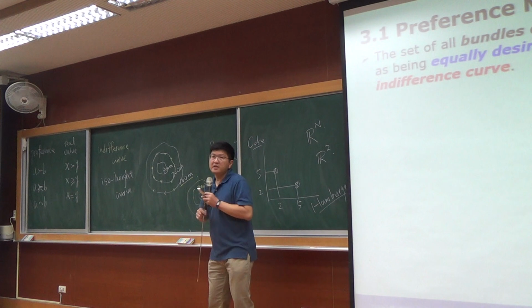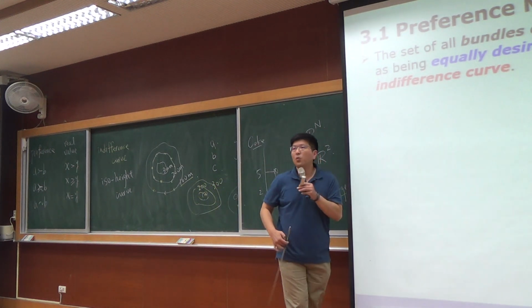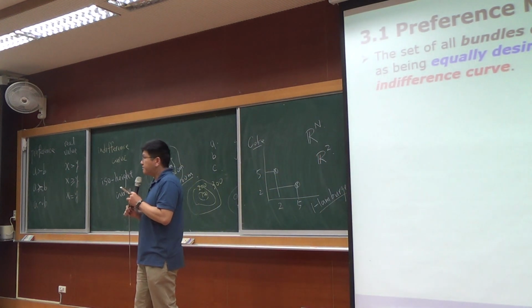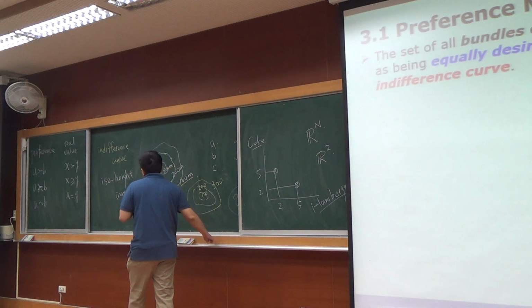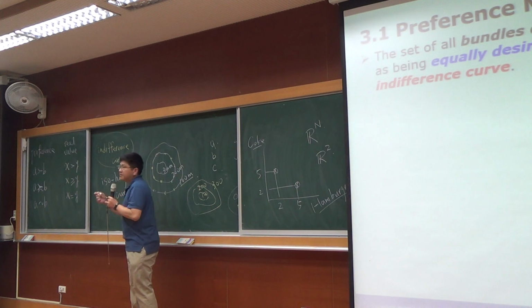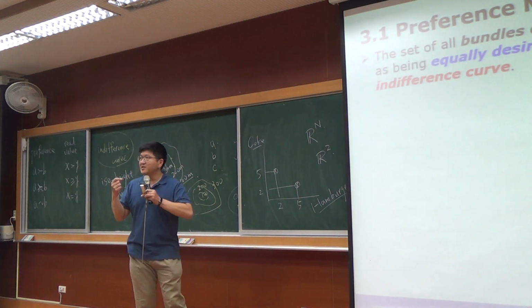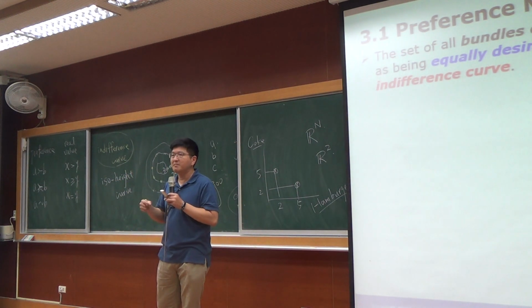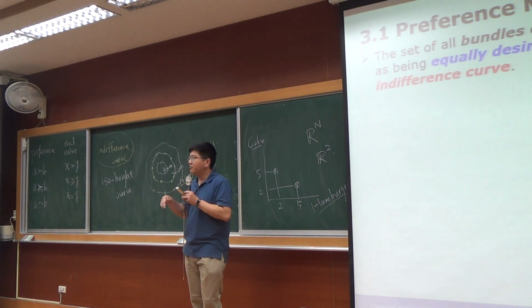Okay? So we want to know what an indifference curve means. An indifference curve means all points on the curve bring us the same level of happiness or the same level of pleasure.